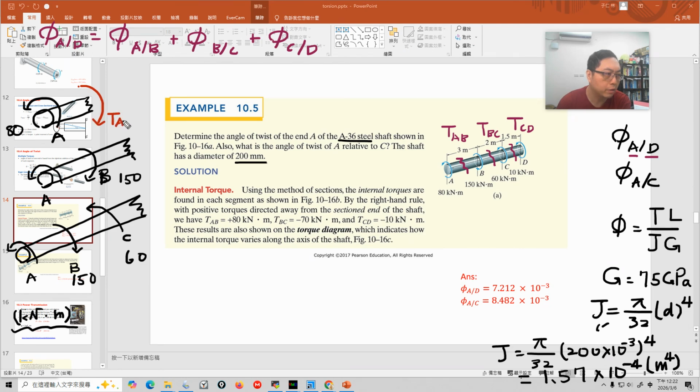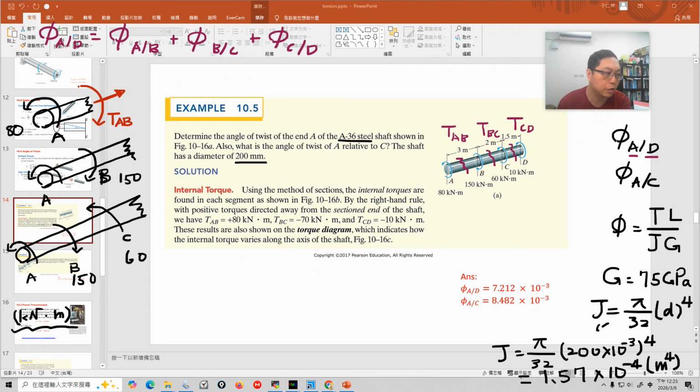Here we also use a sign convention, using your right hand rule. If torque AB rotates in this direction, the thumb points outward from the surface, so that's positive. I keep saying this: if your thumb direction is outward from the surface, that's positive; if your thumb direction is inward to the surface, that's negative.